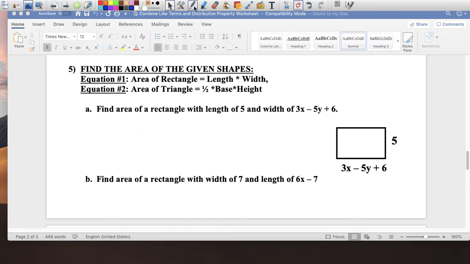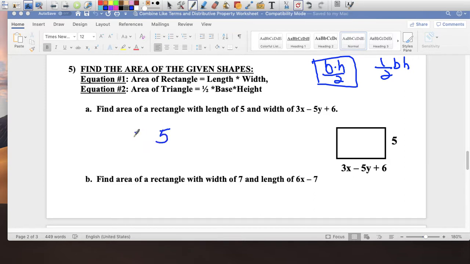Area of a rectangle is length times width, and for the triangle, I'm a fan of this, instead of this. Same thing. Some people like to write it that way. I like this. Area of a triangle is base times height divided by 2. So for the rectangle, we want to find the area. Area is length times width.